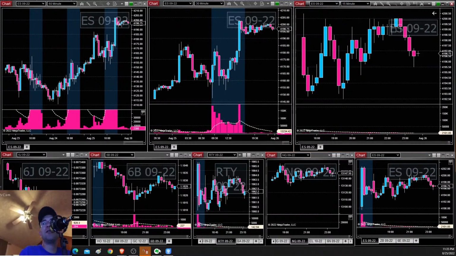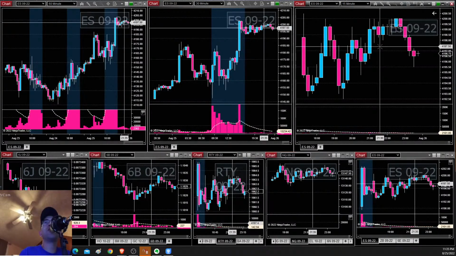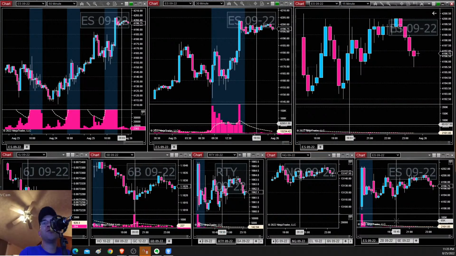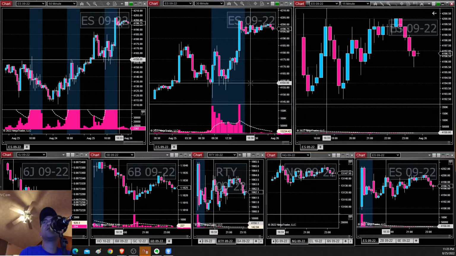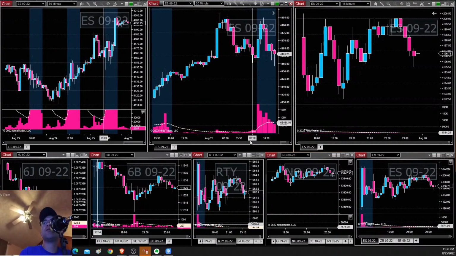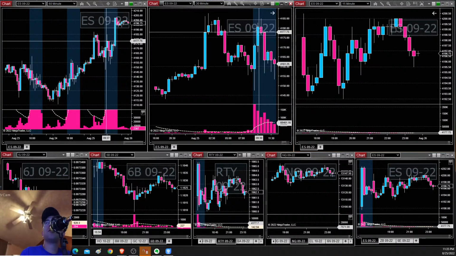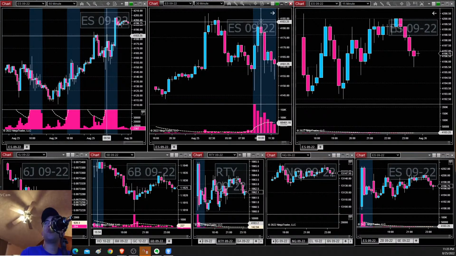So those are our setups. Our setup is to complete the broadening formation. Now, in the Strat, a broadening formation is just a reversal. So let's look at a completed broadening formation. Right here we didn't quite complete the broadening formation, but we had the reversal.